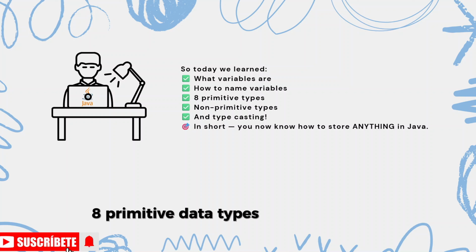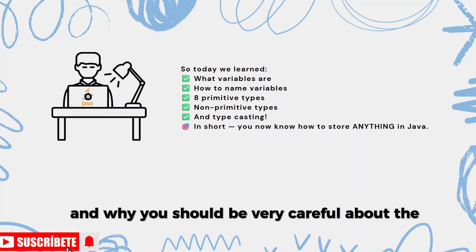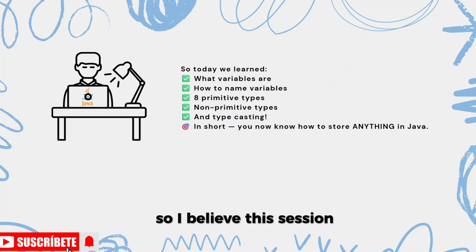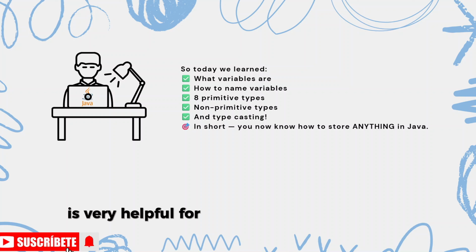The 8 primitive data types, and non-primitive data types such as string, arrays, objects and classes. And implicit and explicit typecasting, and why you should be very careful about explicit typecasting. In short, you know how to store anything in Java. I believe this session is very helpful for you guys.